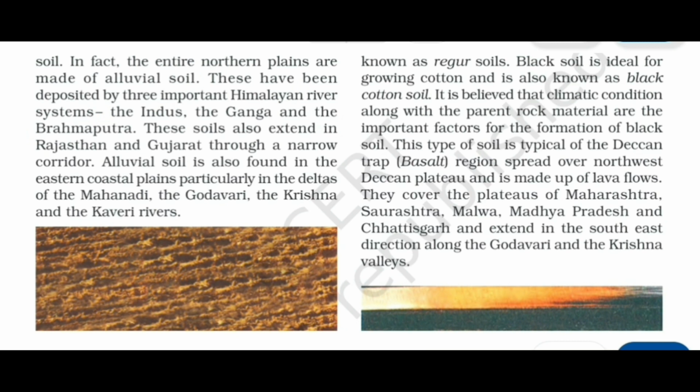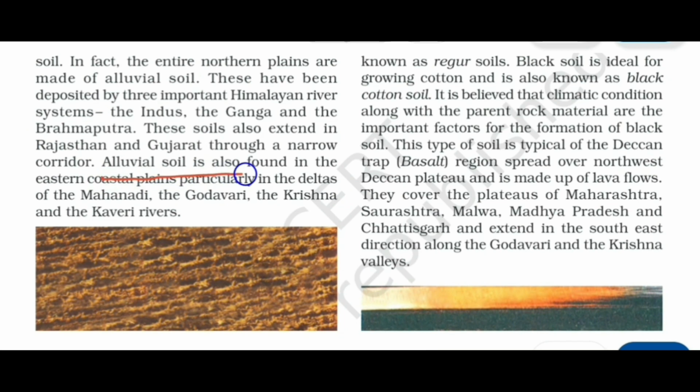These soils also extend in Rajasthan and Gujarat through a narrow corridor. That means in a small area of Rajasthan and a small area of Gujarat, we do find alluvial soil.